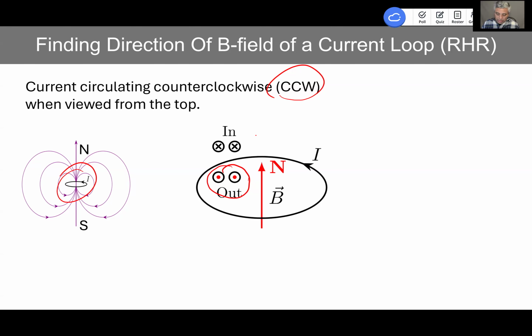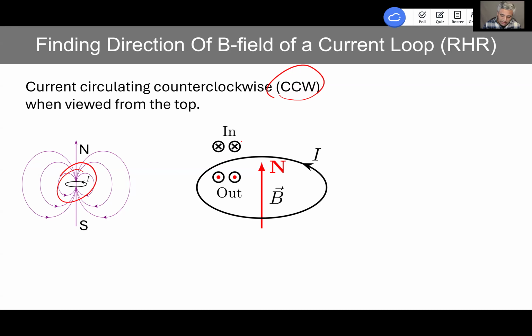To denote this in two dimensions, we may also use this notation. When we see this dot, think about an arrow. Looking at it is like looking at the tip of the arrow, so it's like coming out. And this is like the back of the arrow, like a cross, okay?